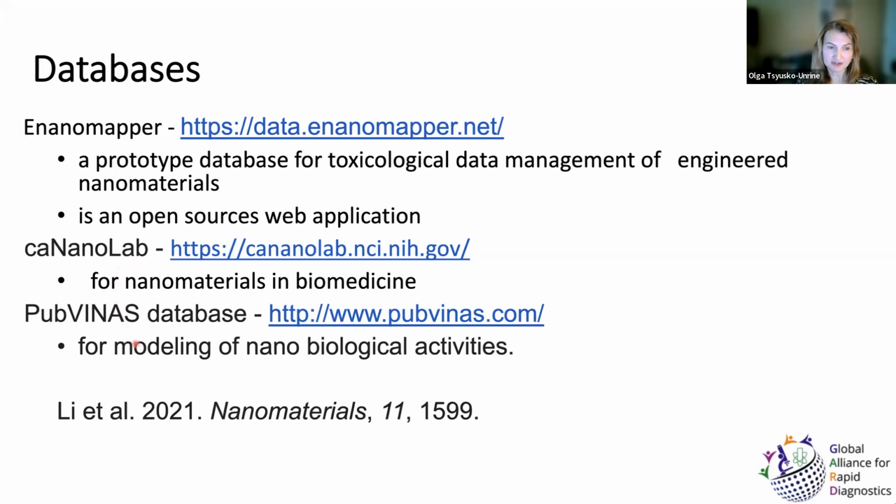And another database is specific for modeling and determining nanobiological activities, for example, interaction of nano with different proteins, right? I also want to refer you to this paper by Lee et al. in Nanomaterials in 2021. They discuss at least 9 different databases and provide examples.